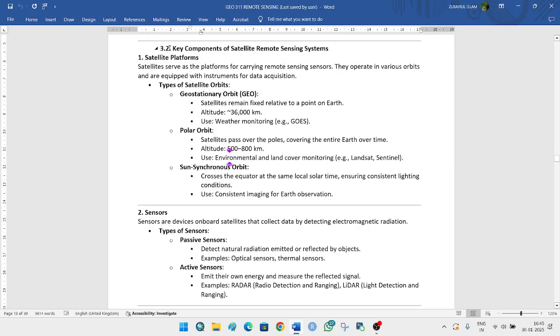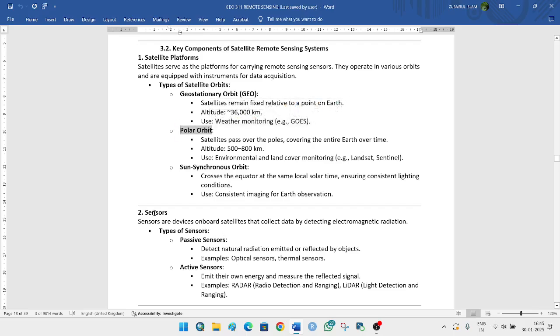And this is the first component which we should know about, the satellite platform. Not as much important, but if you are using Landsat data, then you should know that this data is taken from the satellite which has polar orbit.